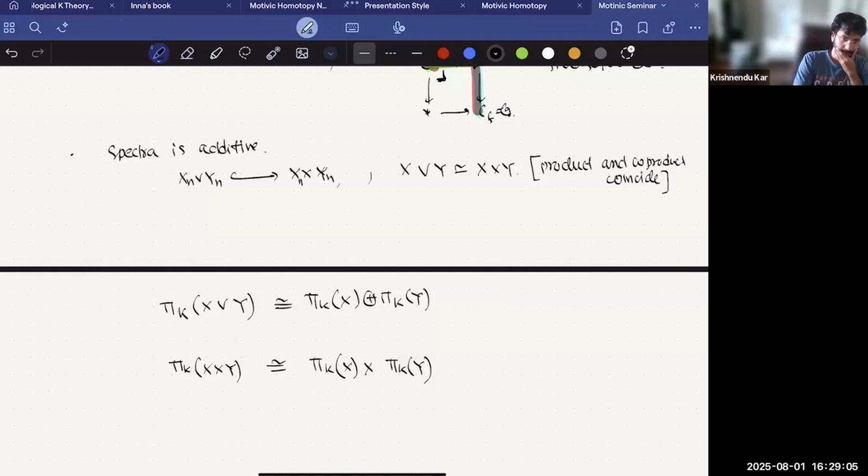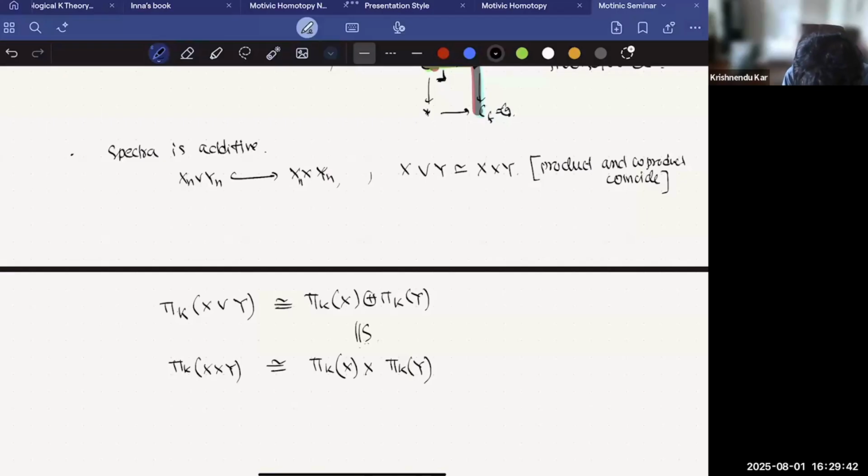Now, what do I want here? Okay, this is isomorphic, we know. Yeah, this is isomorphic, we know.